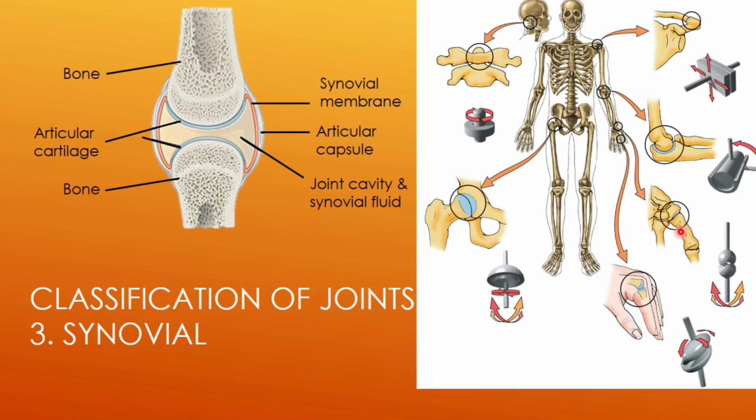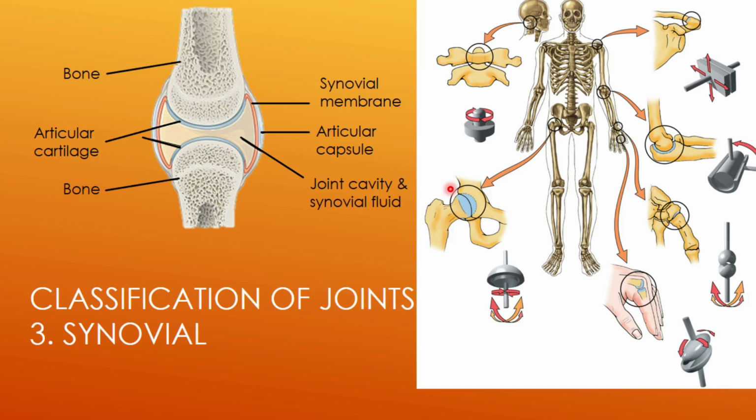And then finally, we have ball and socket joints. Here we have a ball-like articular surface that fits into a socket-like articular surface. These names are not particularly inventive. They do the job. These tend to be freely movable joints.